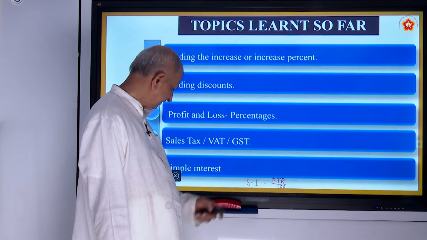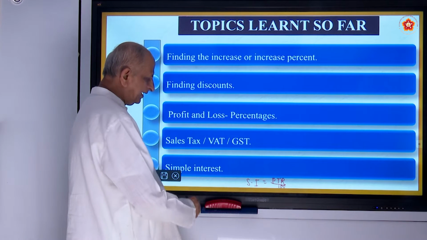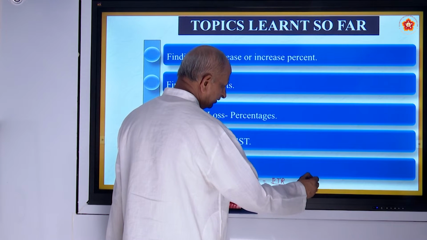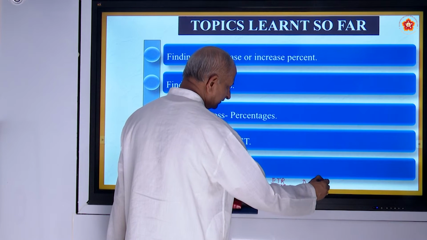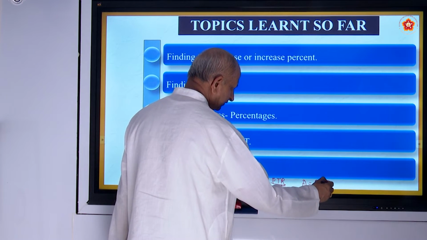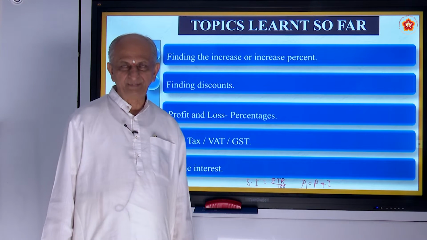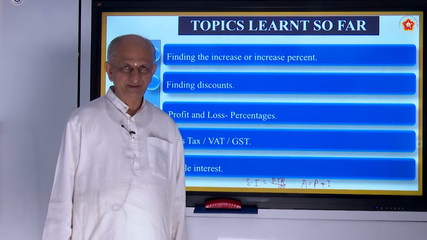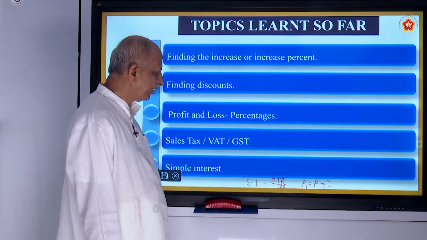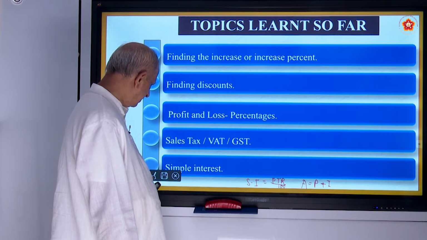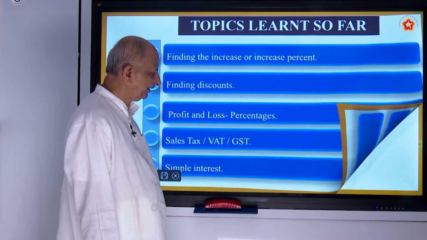That is called simple interest. And if the simple interest is added to the principal, we call it A is equal to P plus I, where P is principal, I is interest. That comes to amount. So these are the things we have already studied in the previous classes.